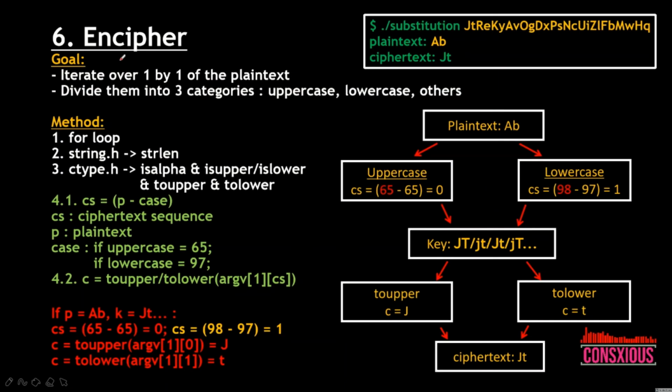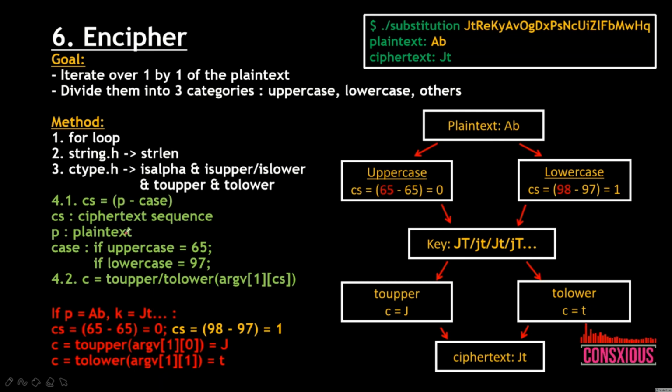For Encipher, the goal is to iterate over the plaintext one character at a time, divided into three categories: uppercase, lowercase, and others. We can use methods like a for loop, strlen from string.h, and isalpha, isupper, islower, toupper, and tolower from ctype.h. Here CS is the ciphertext sequence.